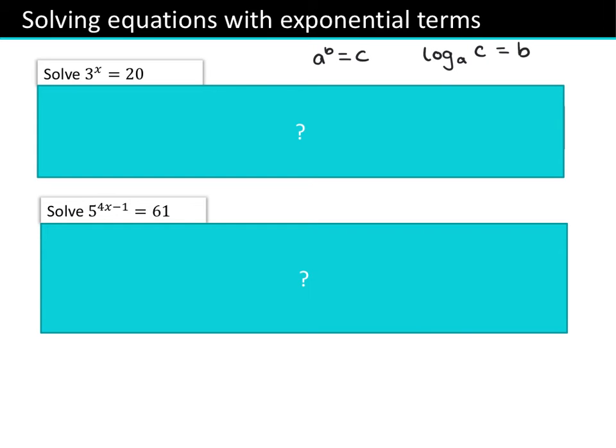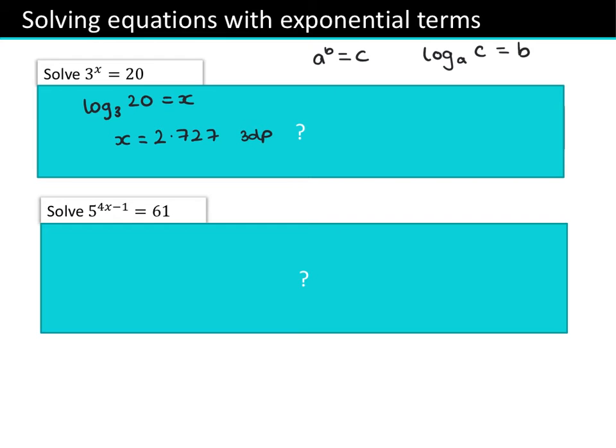So 3 to the power of x equals 20 can be rewritten as log to the base 3 of 20 equals x. I can literally type this into my calculator and then I'm going to have 2.727, and this is to 3 decimal places.